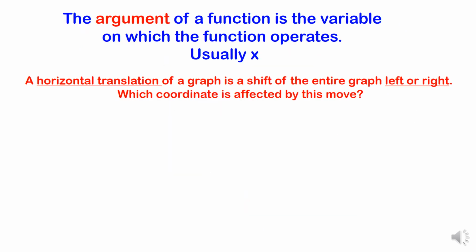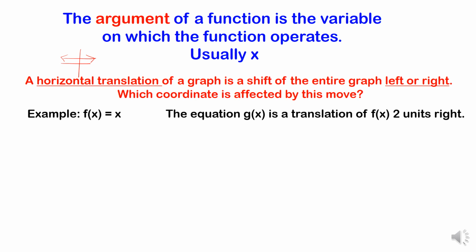Okay, so this is just going to go through the rules really quick. The argument of a function is the variable on which the function operates, usually x. A horizontal translation, and when I'm doing these on a test, I just write myself a little drawing to remind myself what a horizontal translation is, means it's shifting the entire graph left or right, so only the x is affected.